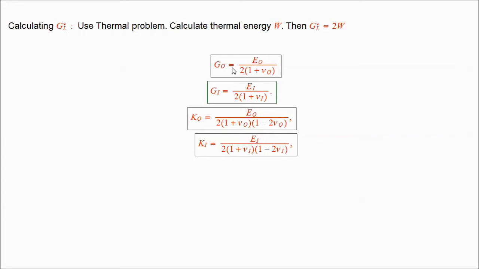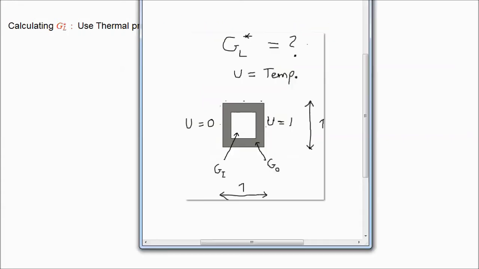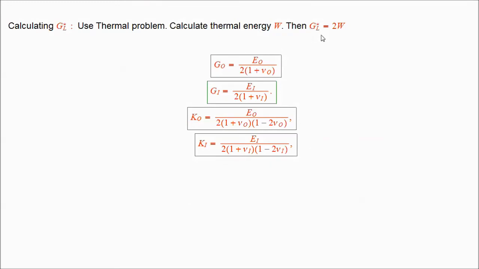So what you are going to do is just use the thermal problem, and the conductivity you are inserting in the thermal problem is just the shear moduli for these two materials. And when you have found the thermal energy corresponding to this problem, you have solved it in ANSYS. The value of G_L star is just equal to 2 times the thermal energy. And then you have found also this parameter.